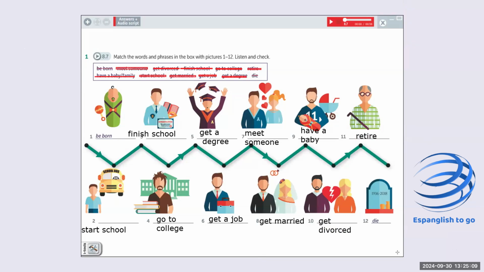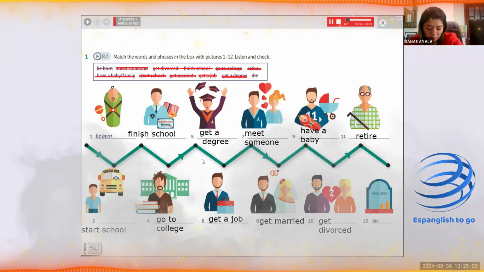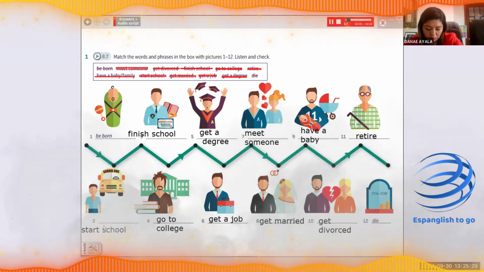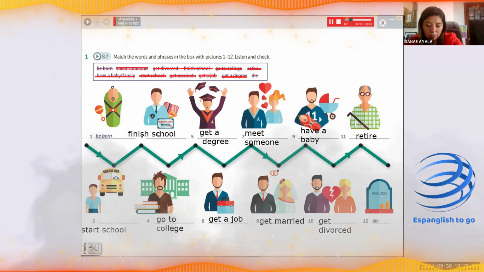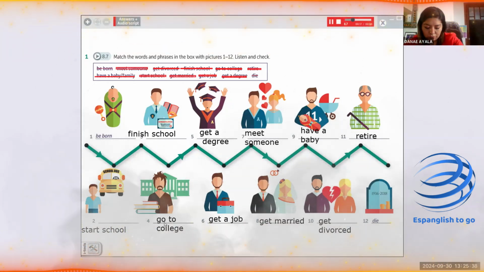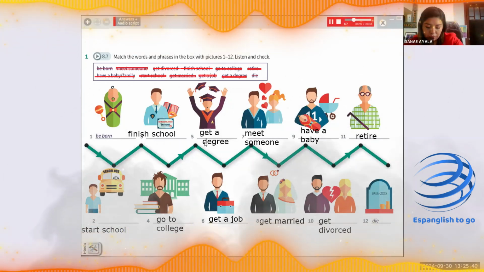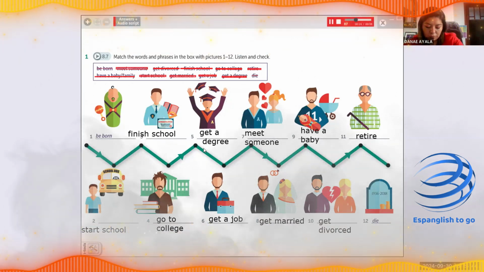Okay, so let's check if we are right. Maybe we have some mistakes. Let's check with the audio. Pay attention. 1. Be born. 2. Start school. 3. Finish school. 4. Go to college. 5. Get a degree. 6.